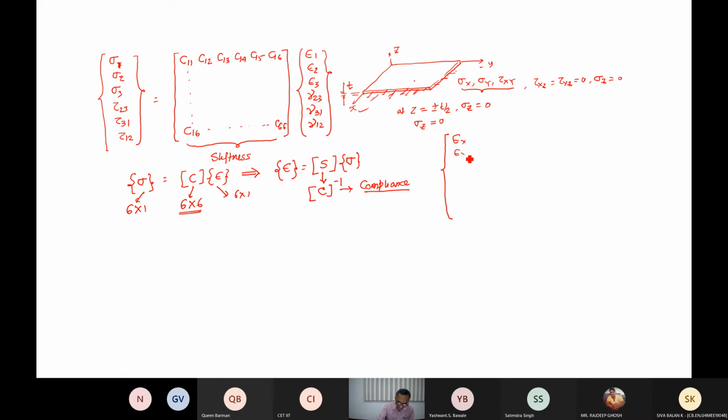Suppose we write epsilon x, epsilon y, epsilon z, gamma yz, gamma zx, gamma xy equal to S11, where this is nothing but the inverse of C, S13, S14, S15, S16. This is a 6 by 6 matrix, and it relates the corresponding 6 components of stress: sigma x, sigma y, sigma z, tau yz, tau zx, tau xy.